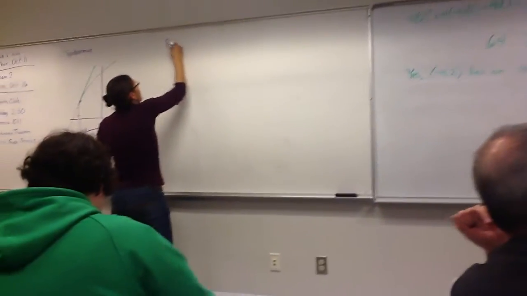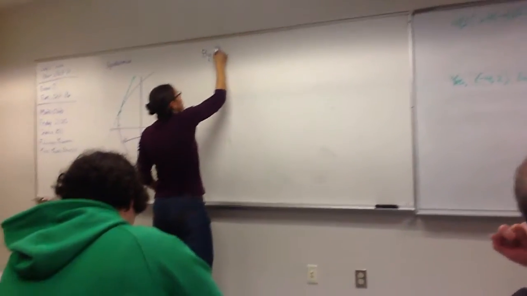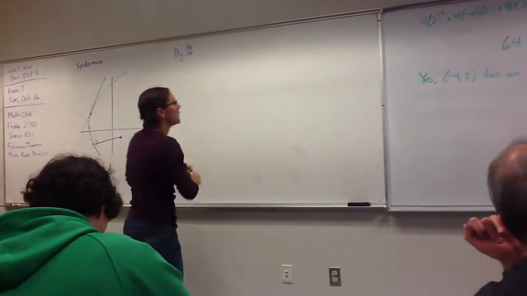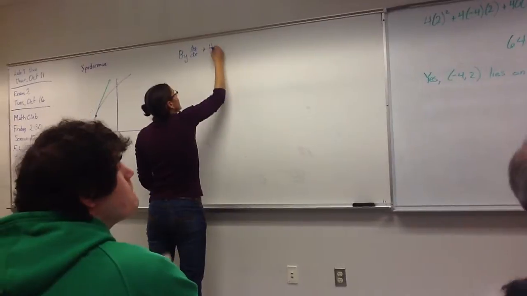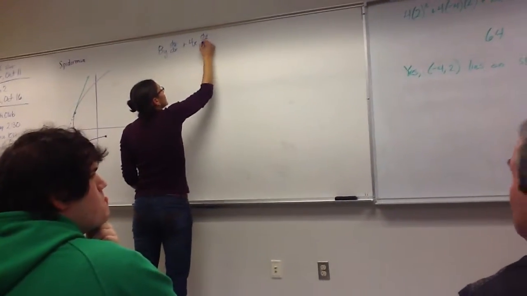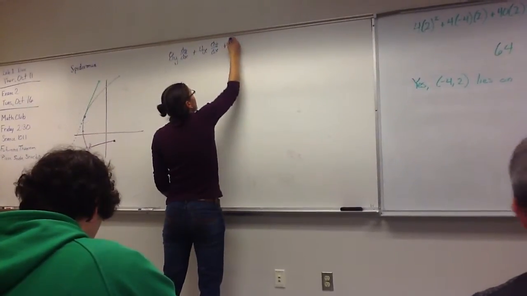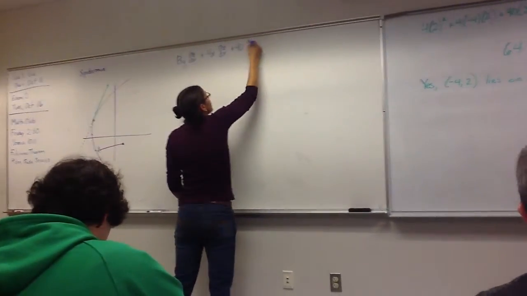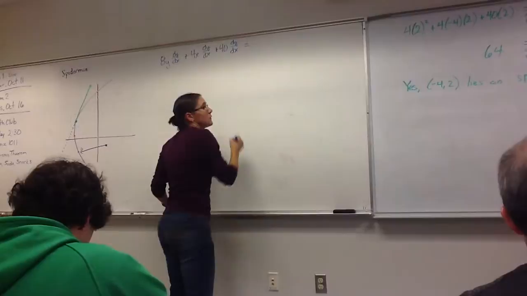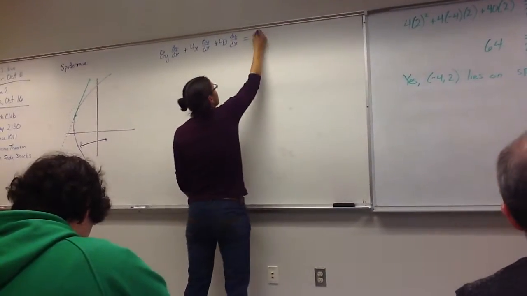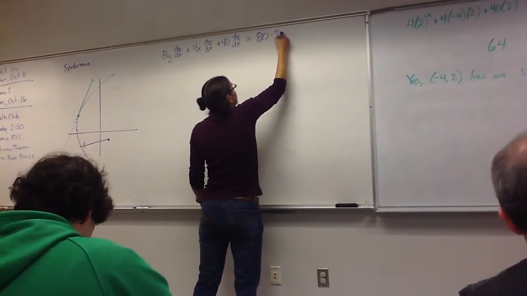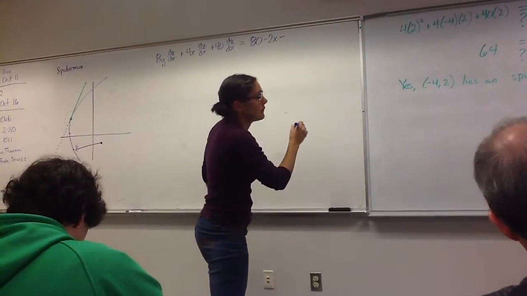All right, so we now have 8y times dy over dx plus 4x times dy over dx plus 40 times dy over dx is equal to 80 minus 2x minus 4y.